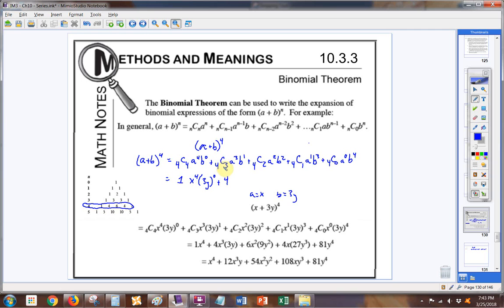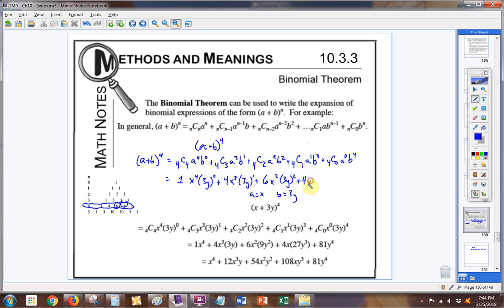So 4C3 is 4. a to the third becomes x to the third. b to the first becomes (3y) to the first. 4C2, punch in your calculator, get 6, or look over here and see that our middle term is 6. 6 times x squared, (3y) squared. 4C1 is going to be 4 right here.